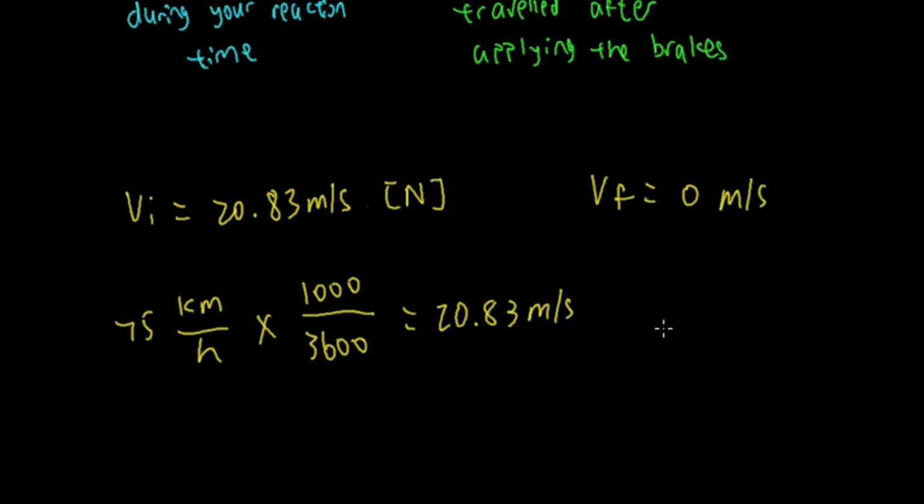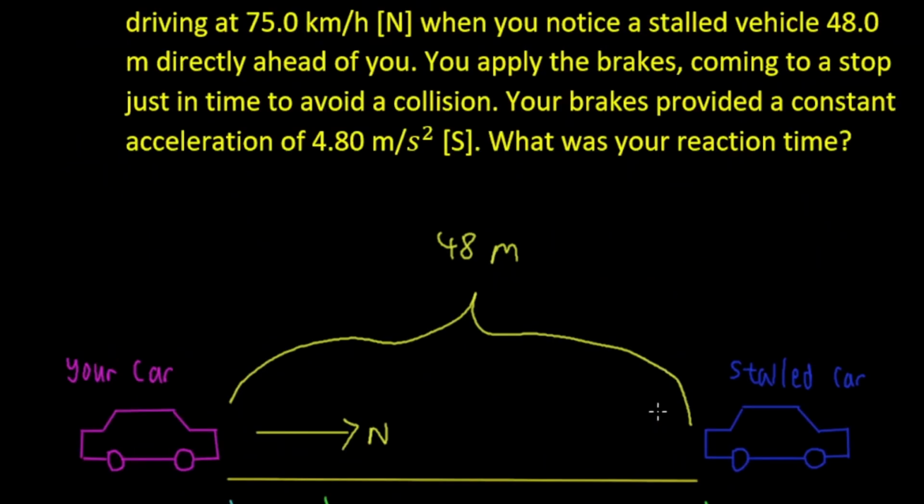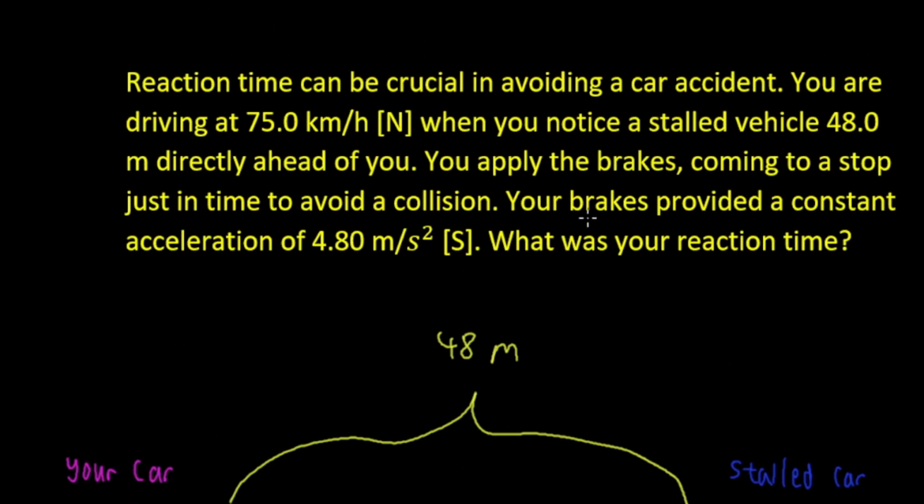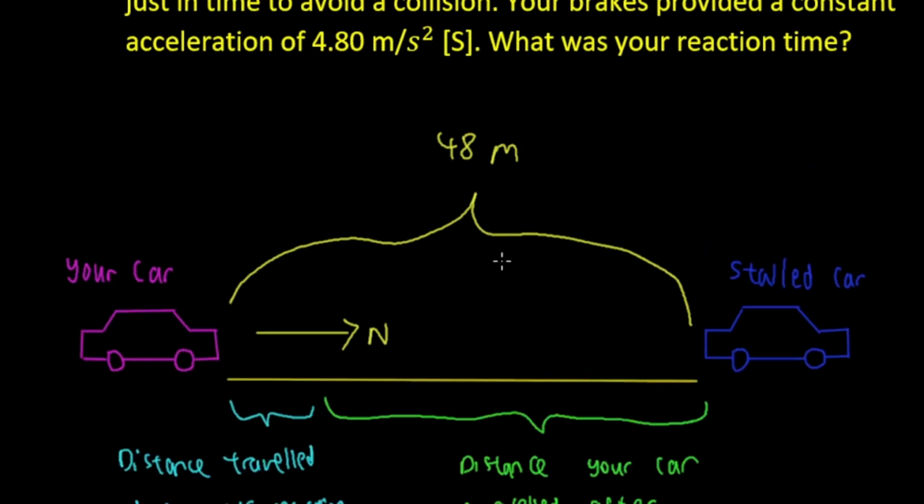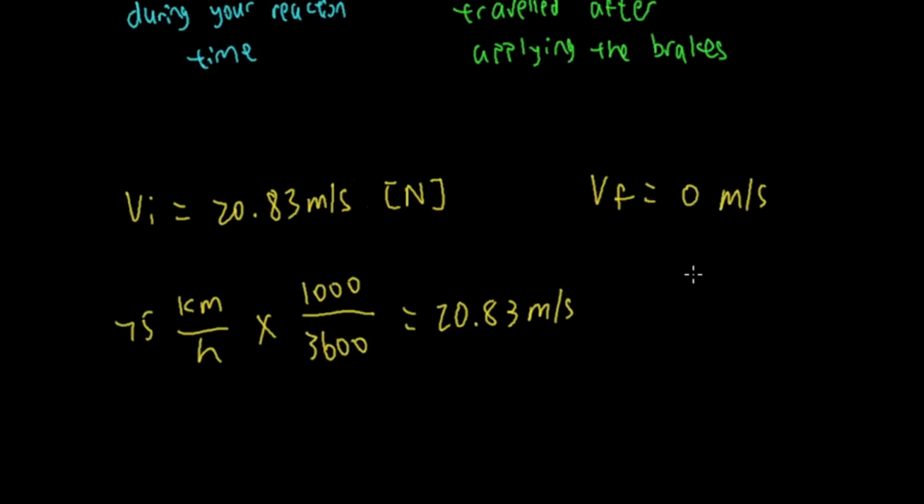What else do we know? We know that in the question, your brakes provided a constant acceleration of 4.8 meters per second squared south. So the acceleration is 4.8 meters per second squared south.